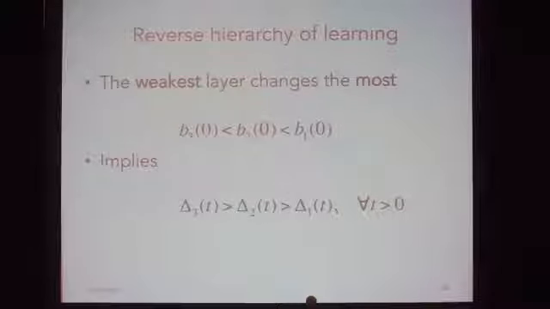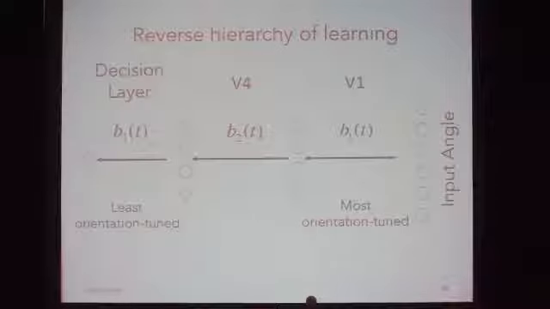So there's this fundamental idea that it's the weakest layer that's changing the most. To the extent that you think higher layers are less orientation tuned in this context, you should think that they're going to be changing more, not less. The intuition here is just that a deep network behaves like a chain. If at any link of that chain you drop away the signal, it's gone and it can't come back. So you have to change the weakest link.